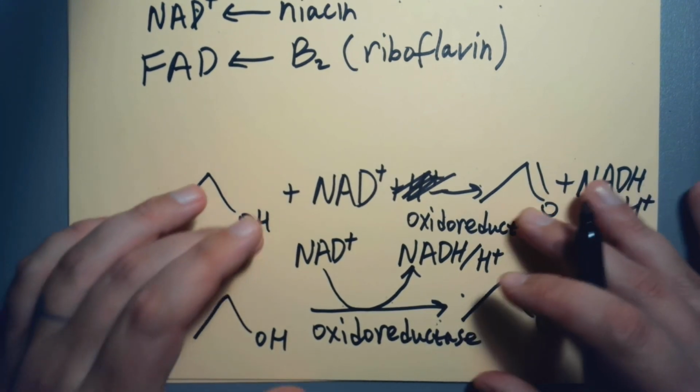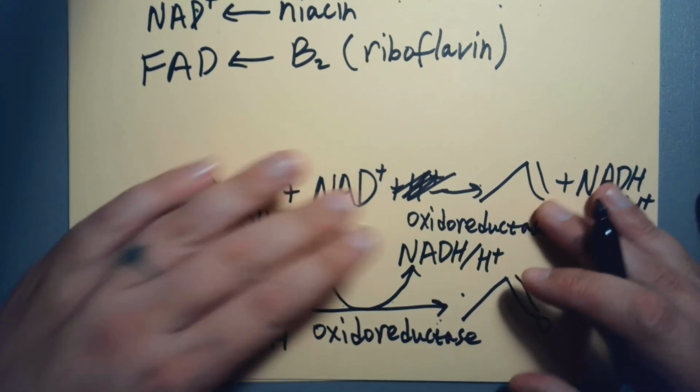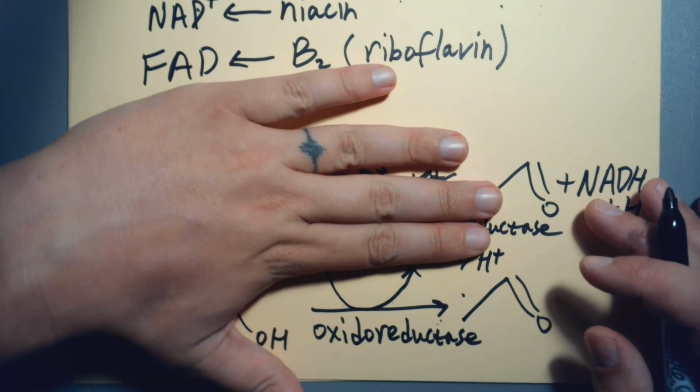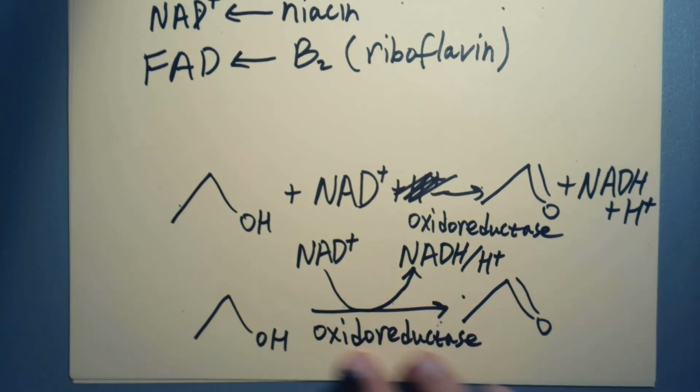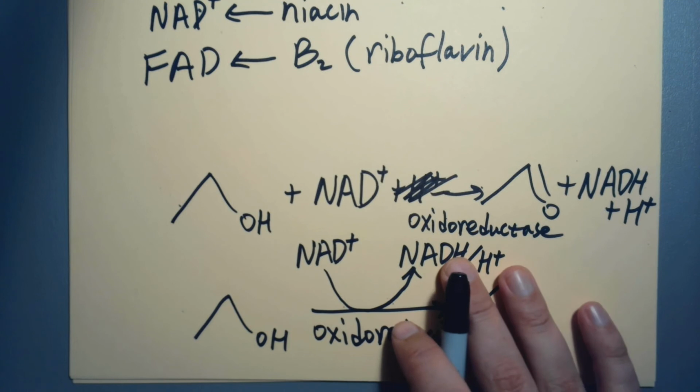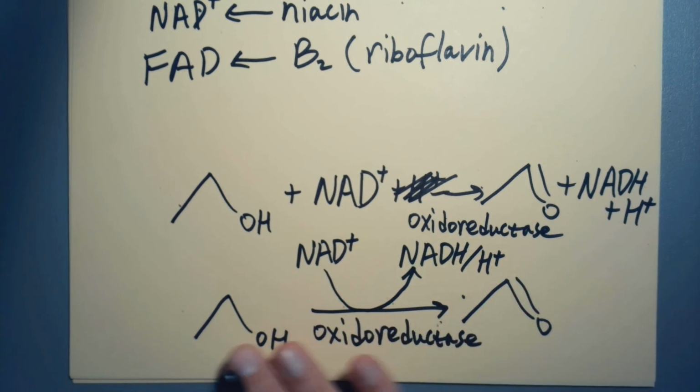And so now you have a much deeper understanding. You saw an example of a redox reaction with oxidoreductase that didn't have these, and now you can add some more understanding to it. This is the enzyme, this is the protein right here. These are coenzymes. And then you've got your reactants and products.